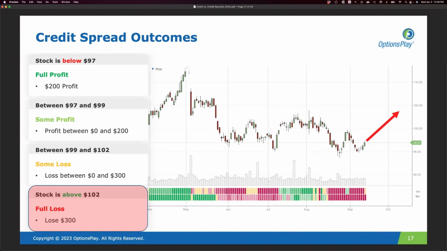You get the directional view right, you make money. You get the directional view wrong by a little bit, you can still make money. And if the trade really goes south, you control and limit the amount of capital that you risk. But the forgiving nature of this strategy, the trade-off of that is that you will always risk more than you can potentially make.